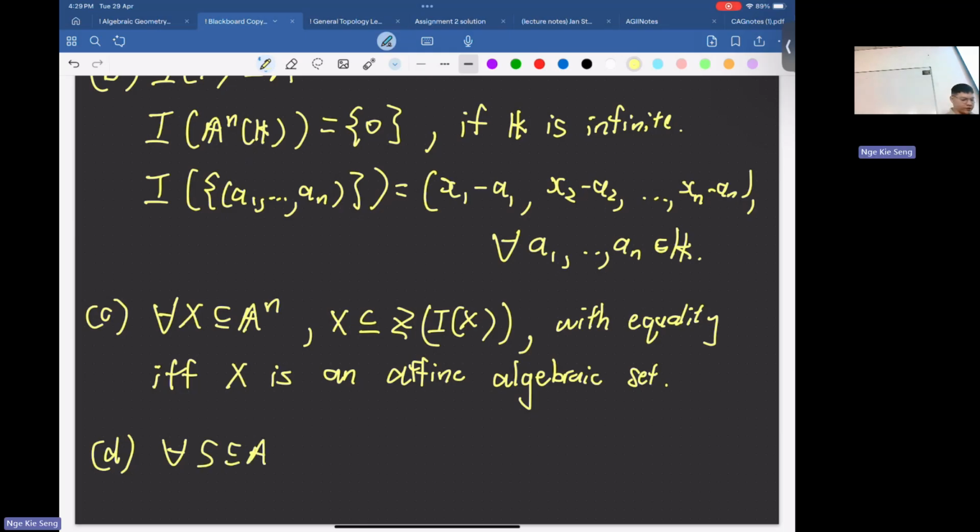If you start with polynomials, what can you do? You can ask about the zeros. After you ask about the zeros, you can ask about the ideal that gives you the zeros. Then again, we have x is a subset of this set here, not necessarily equal.